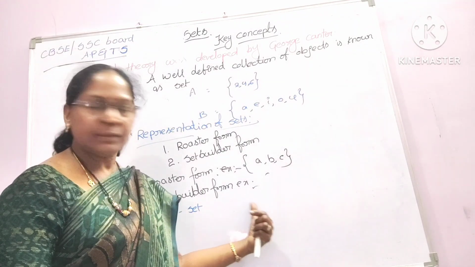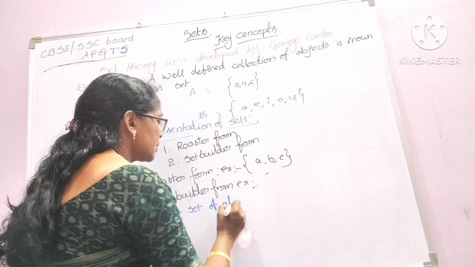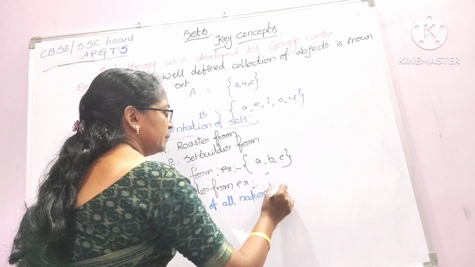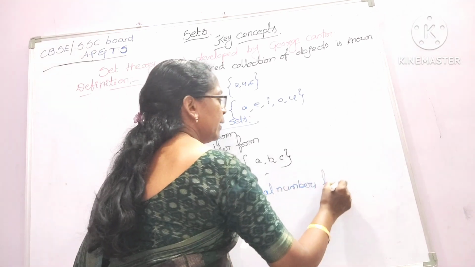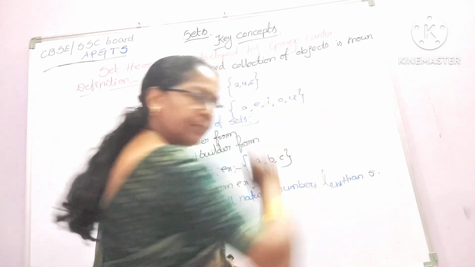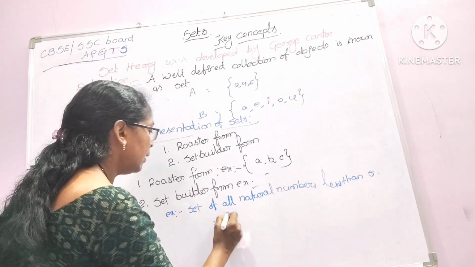How can you represent in the set builder form? Example: set of all natural numbers less than 5. This you have to represent in the set builder form. How can you represent it here?